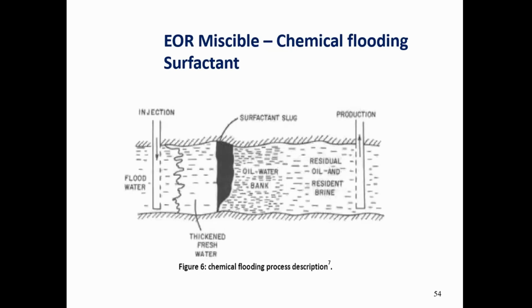That soapy water starts washing the rocks as if you are washing your hand. If you have eaten a heavy, fatty meal, how do you remove the fat from your hand? You will tell me, I wash my hand with soap. Same idea. How can I move the fatty oil, the high viscosity oil, from the rocks?